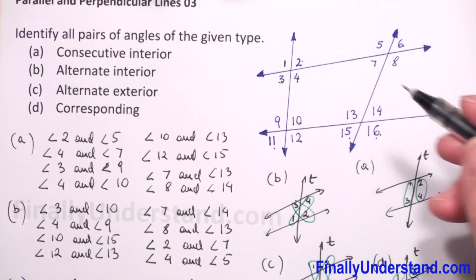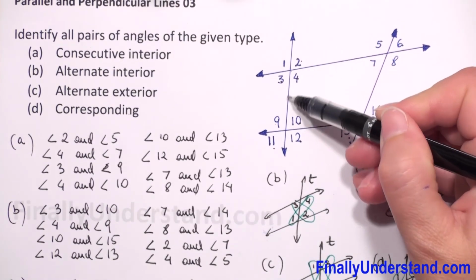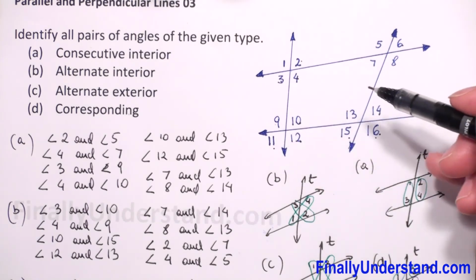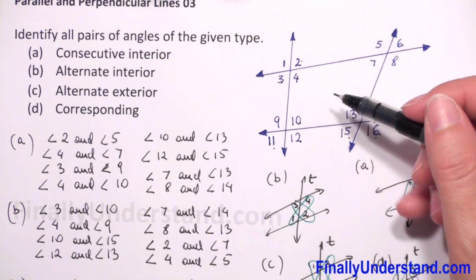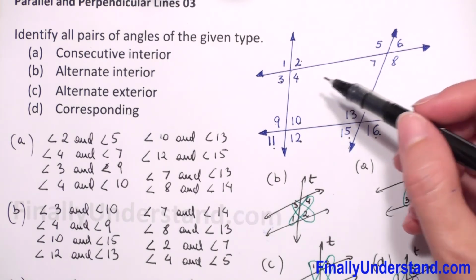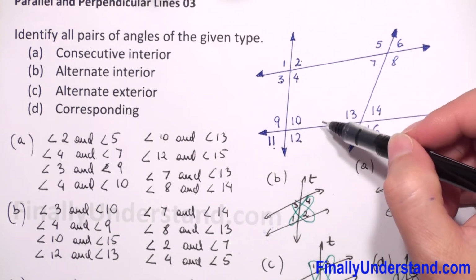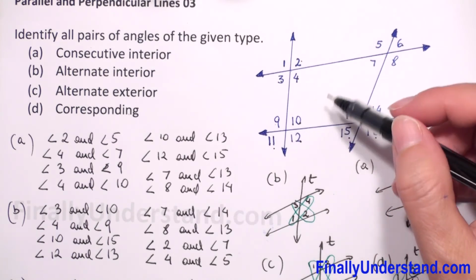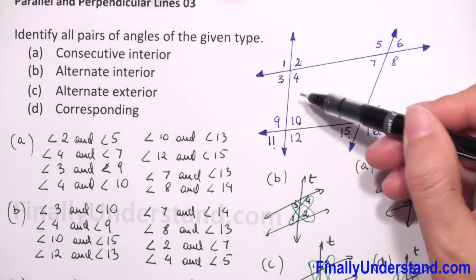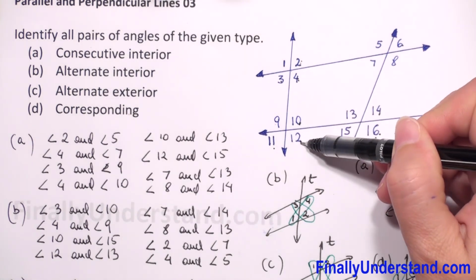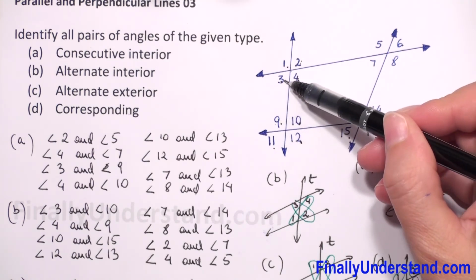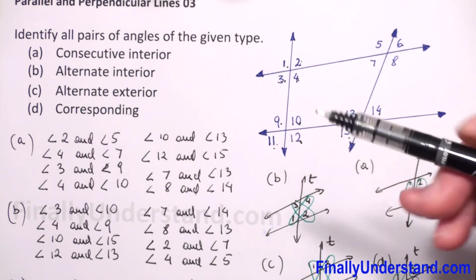Let's first, this line will be our transversal for these two lines. So we have to look at angles which are above lines and on the same sides. So it will be 2 with 10 and 4 with 12 and 1 with 9 and 3 with 11.